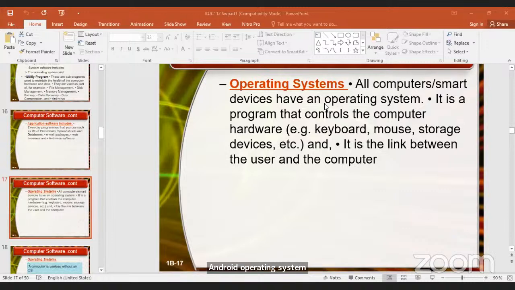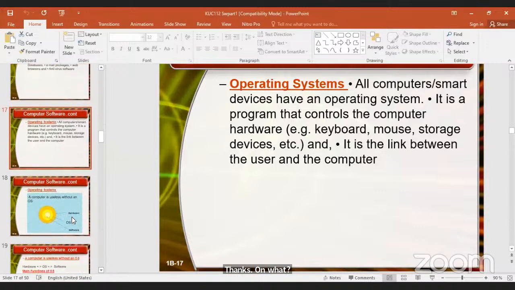We have Apple operating system, or we call them iPhone, isn't it? They run on the Apple operating system. So we have other gadgets that also have their own operating system that tells them what to do.